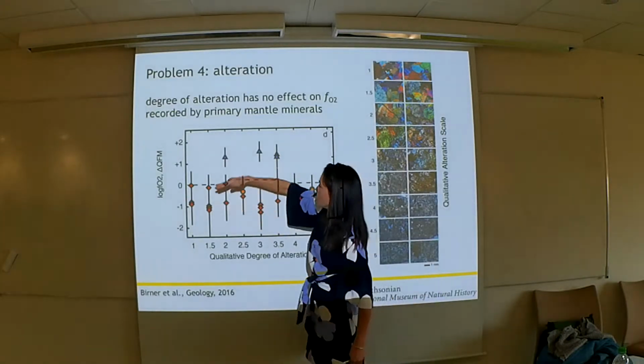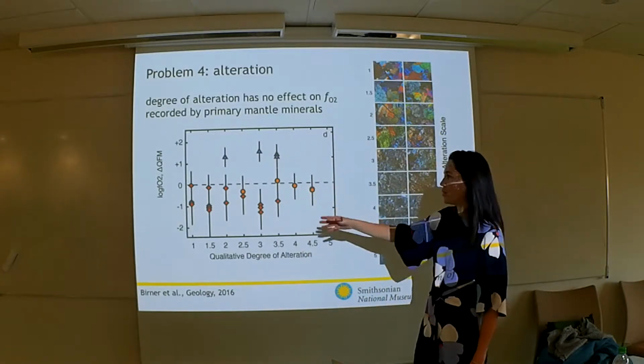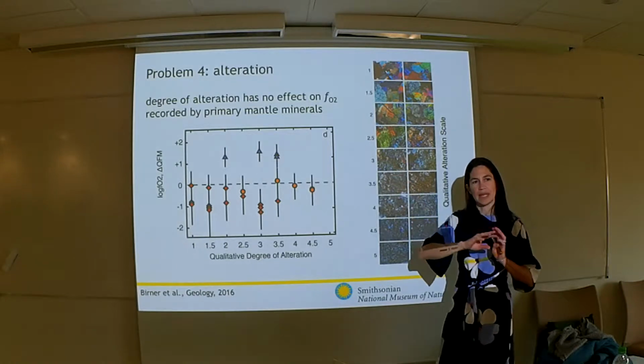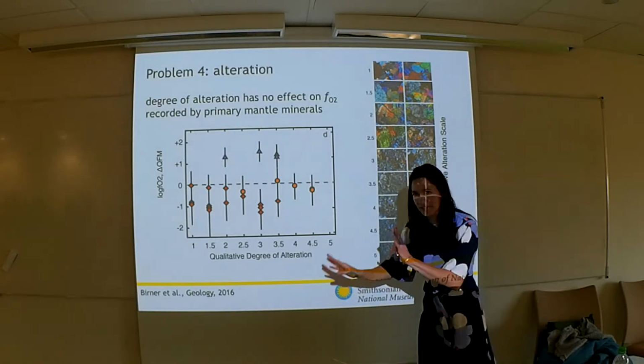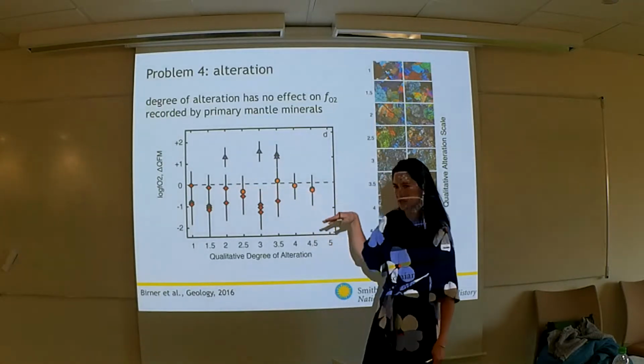One dredge is giving one answer. So at least in the natural data, we don't see that, once you get very altered, it all goes to hell. No, we don't see that. It stays fairly constant across the entire range.